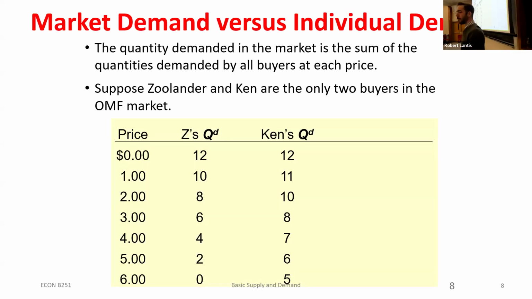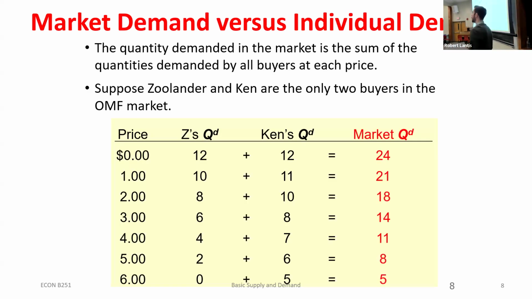If these are the two individuals' demand curves, how would I come up with the market demand? At each price, I'd simply add them up. If I charge a price of $2, Zoolander's going to buy 8, Ken's going to buy 10, so the total demand would be 18. So market demand is just the sum of every individual's demand.